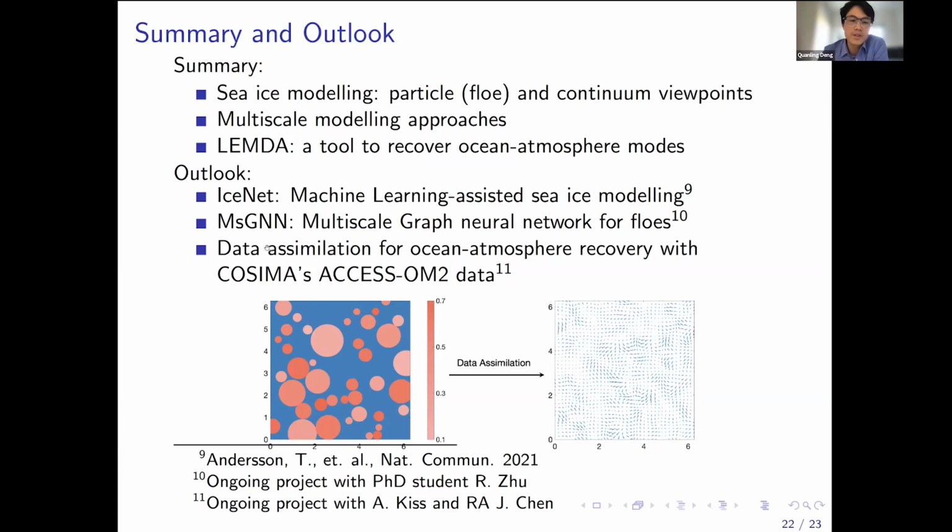We are also trying to apply these data assimilation tools to a more realistic setting. We are collaborating with Andy Keys from NEU, looking into the Cosmos data to see how well the data assimilation framework performs in a more realistic setting.